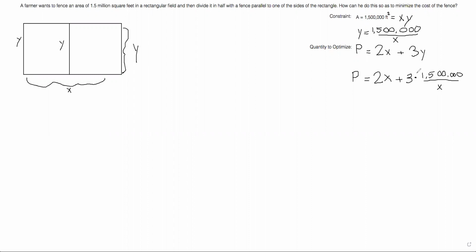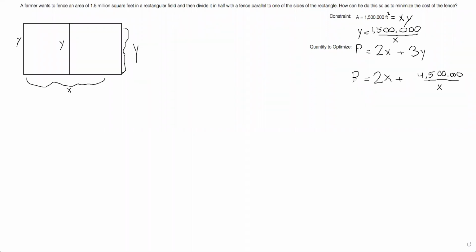Before we continue, let's multiply. When we multiply 3 by this part of the equation, we get 4.5 million over x. I'm going to be lazy. I'm not going to make a new line for this; I'm just going to modify the existing line. Strategic laziness is what I call that.